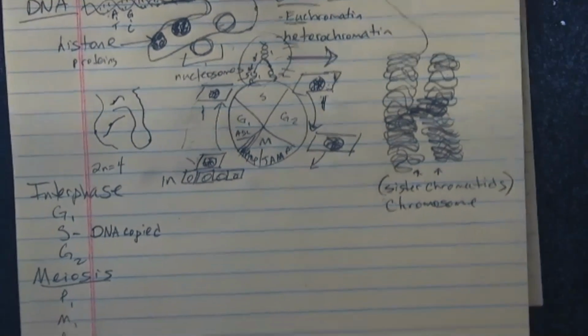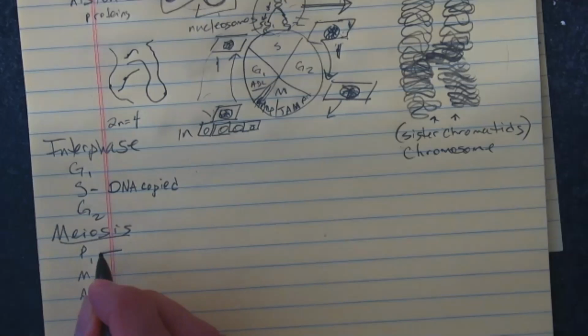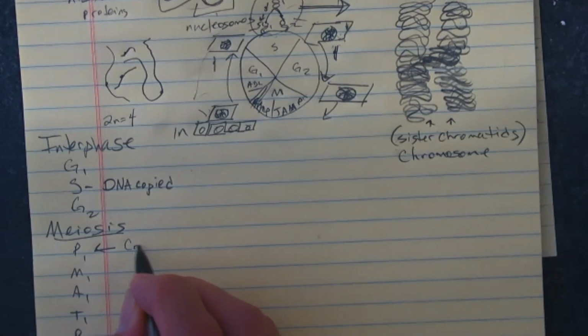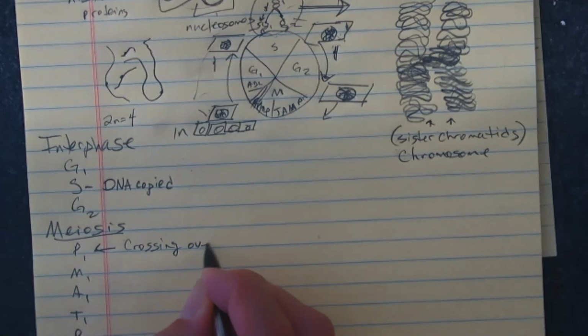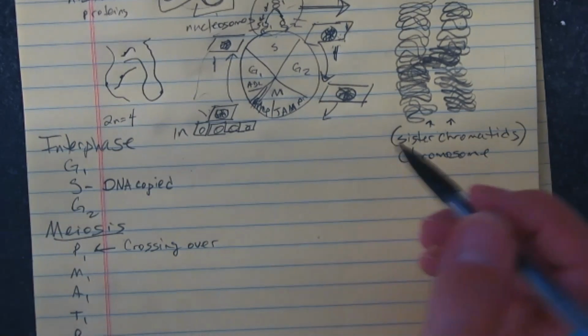And more recently, in the last 2 weeks, we've covered very important concepts, namely crossing over between non-sister chromatids of homologous chromosomes.